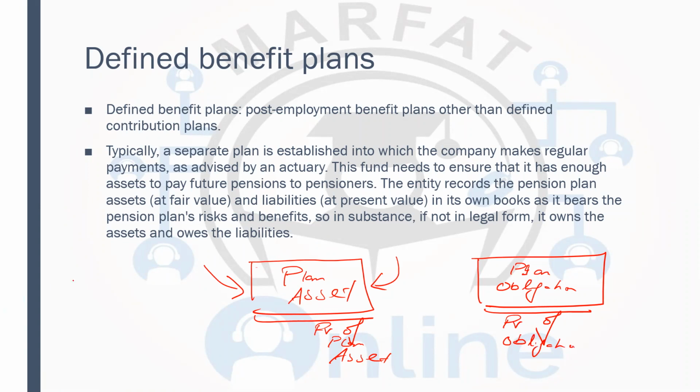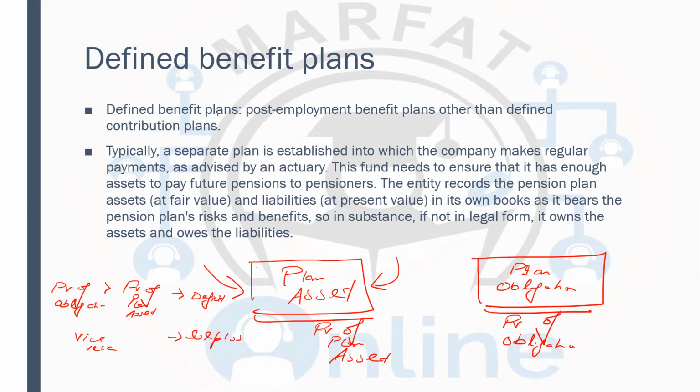So if the present value of obligation is greater than the fair value of plan asset, then the plan is in deficit. And if it is vice versa, then the plan is in surplus.